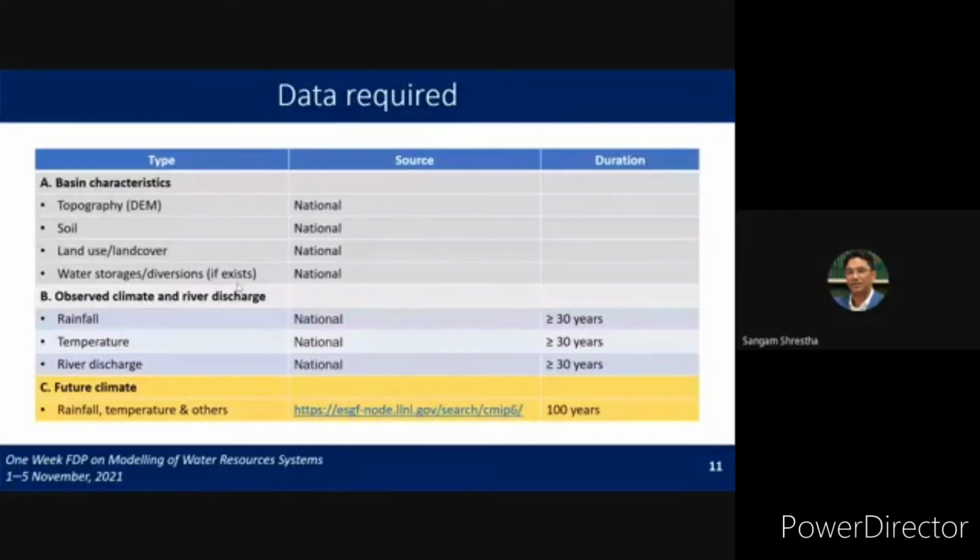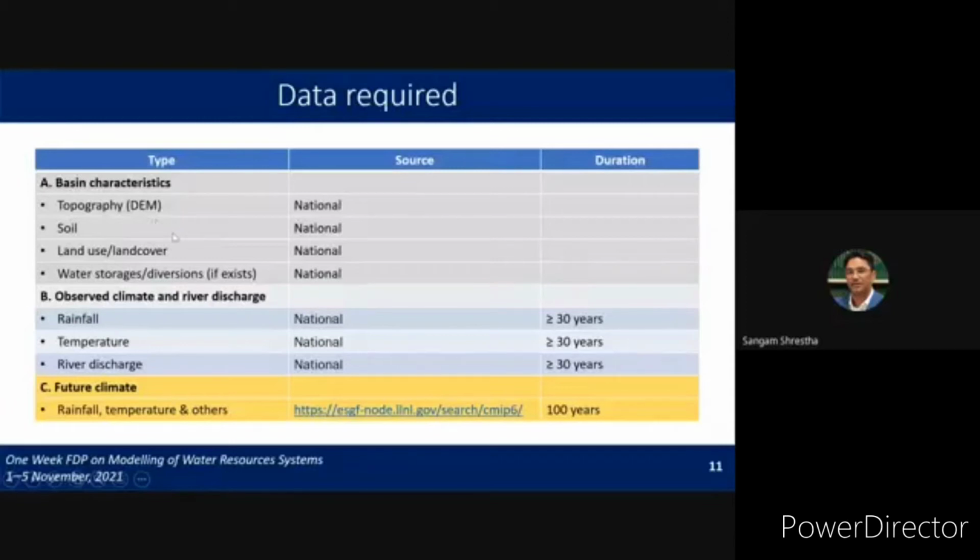There are different kinds of data required for hydrological modeling or climate change impact assessment on the hydrology and water resources. Some of the data I have outlined here. We need the basin characteristics or the watershed characteristics, such as topography of that location, soil type, and land use and land cover of that location. And if there exists water storage or water diversion, we also need those kinds of data.